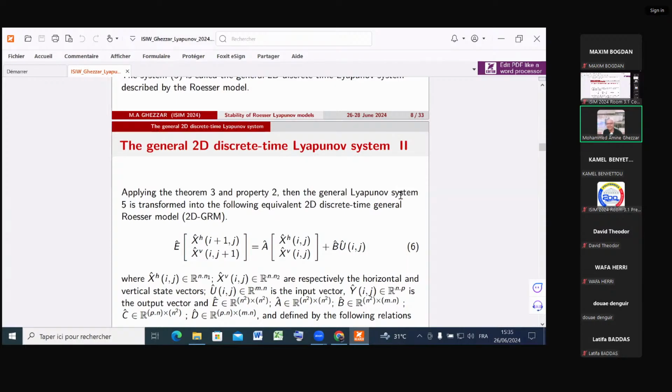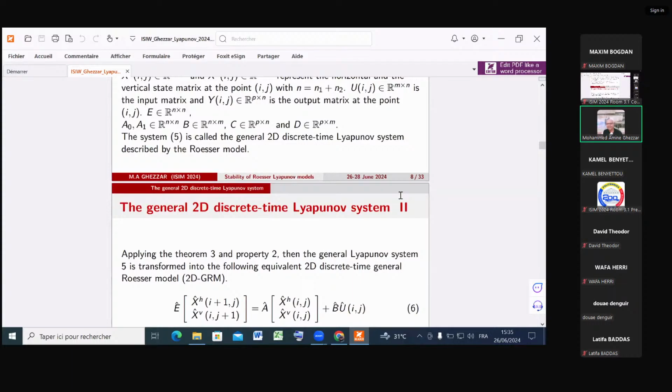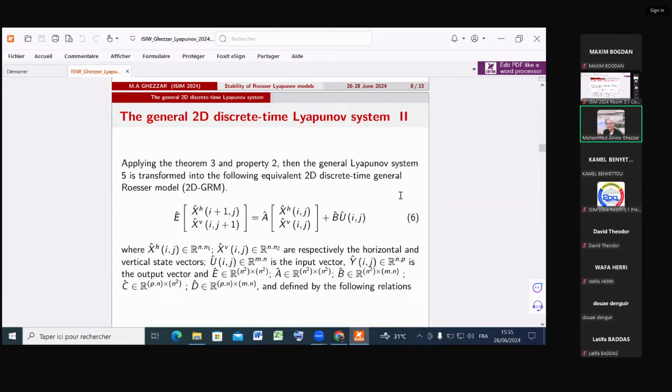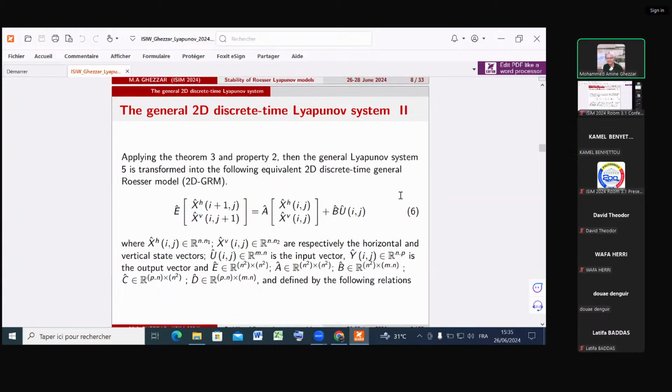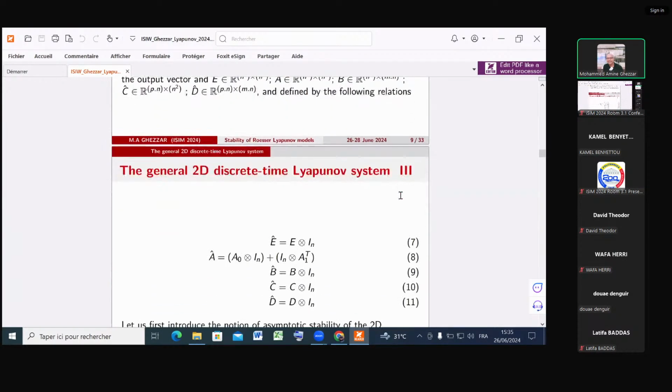Now to study the stability behavior of Formula 5, we have to study the stability test of the system number 6.